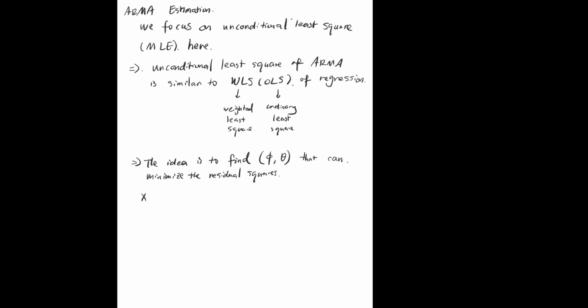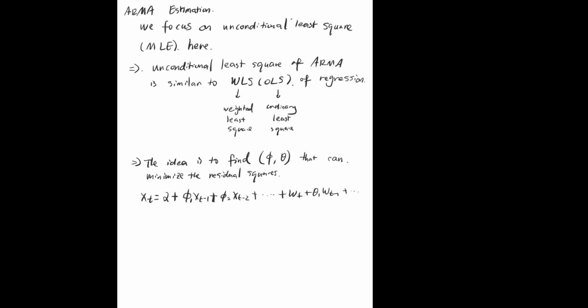So our model is like this: x_t equals alpha plus phi1 x_{t-1} plus phi2 x_{t-2} plus w_t plus theta1 w_{t-1}.